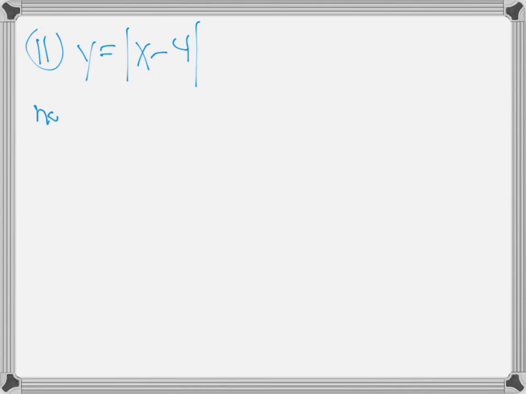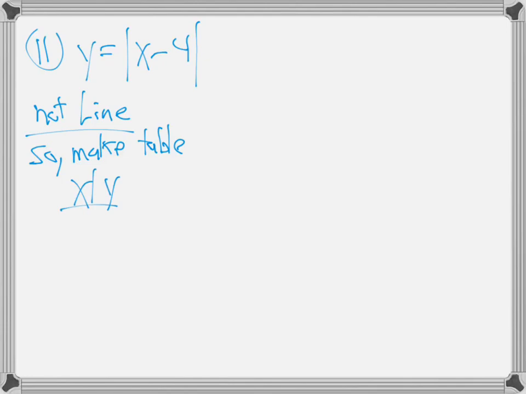So it's not a line. Why not? Because it's got those weird absolute values. Whenever it's got x squared or absolute value or something weird, it's not a line, so make an XY table and just plug in anything you want. 0, 1, 2 are good ideas.